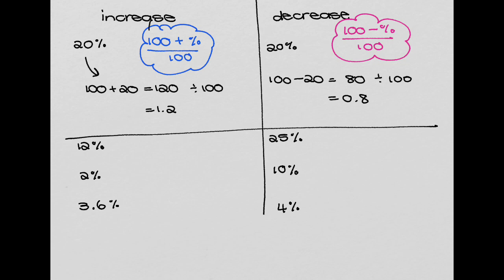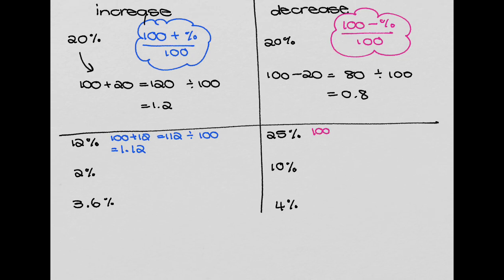Just to remind you, for the increase, I'm going to say 100 add 12, which gives me 112, divide that by 100, and so the multiplier is 1.12. For the decrease, I'm going to say 100 minus 25, so that gives me 75. Divide that by 100, and so the multiplier is 0.75.